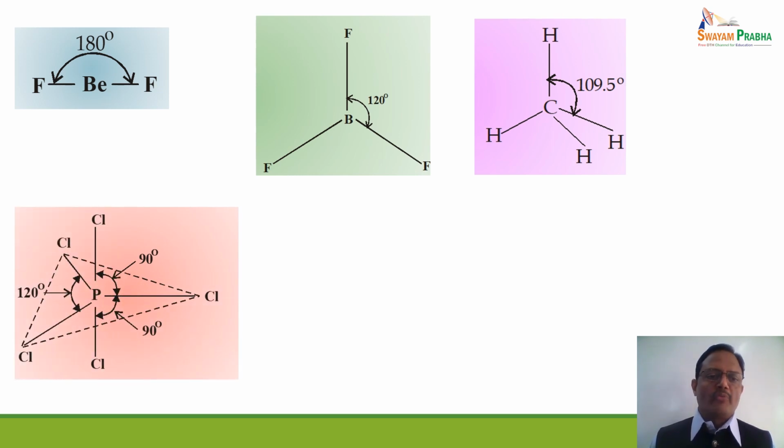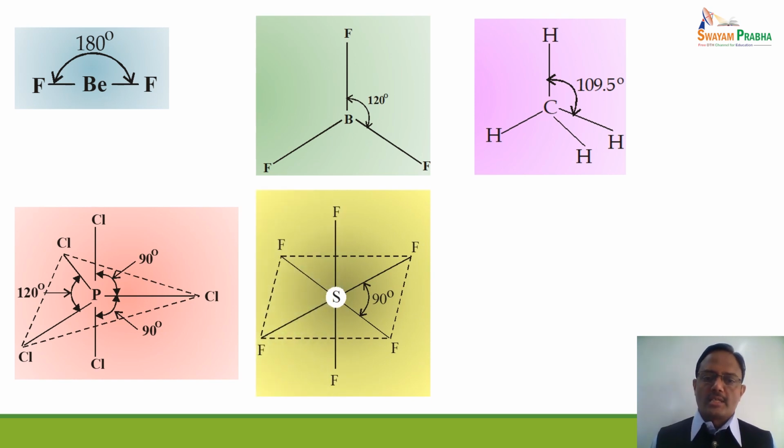In case of PCl5, the valence shell of phosphorus contains 5 electrons and each chlorine contributes 1 electron, meaning that there are 10 electrons or 5 valence shell electron pairs, and so the geometry will be trigonal bipyramidal and the bond angles will be 120 degrees and 90 degrees.